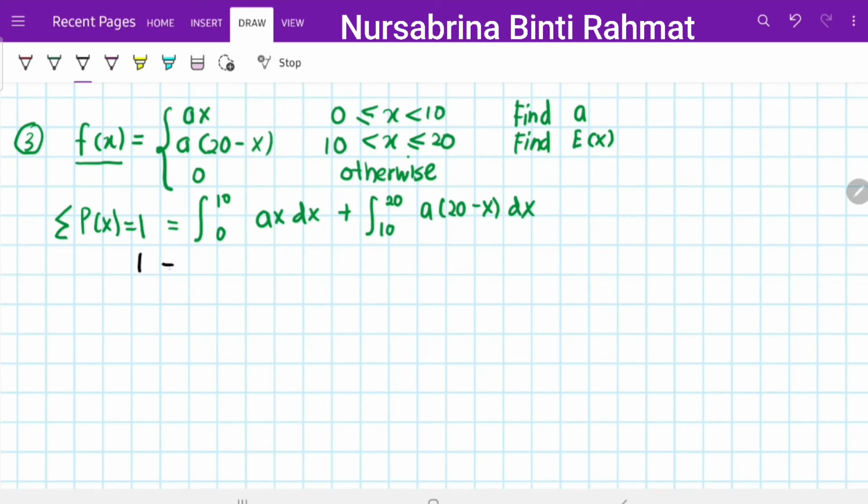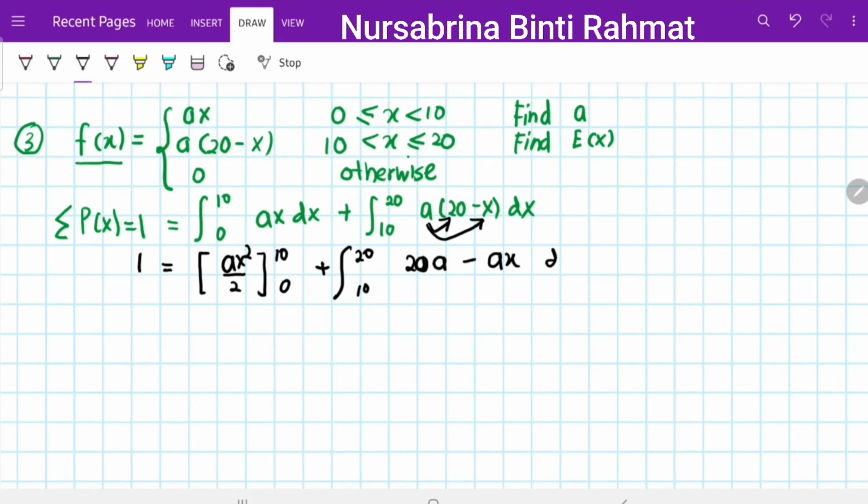So 1 equals the integral of ax dx, which is ax squared over 2 from 0 to 10. For the second part, since we have a and another term in the bracket, I prefer to expand this first before we integrate. So from 10 to 20, 20a minus ax dx.